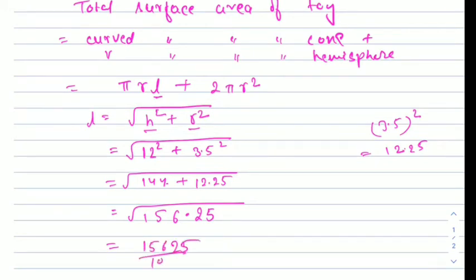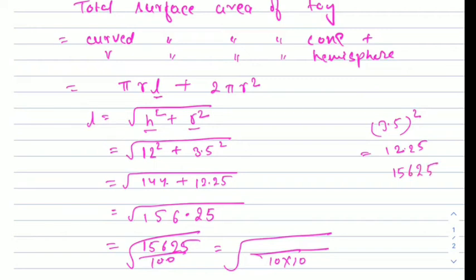156.25 upon 100, which can be written as 15625 upon 10 into 10. Square root of 15625 is 125. Therefore, it will be the square root of 125 upon 10.